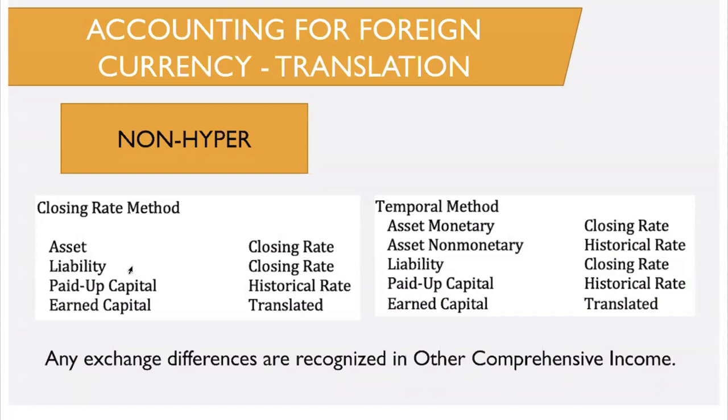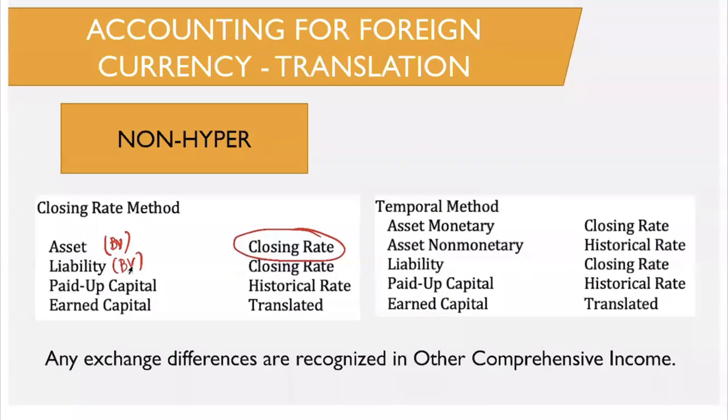Under the closing rate method, the assets, whatever the book value, you multiply by your closing rate. The closing rate is the rate at the date of your financial statements, or your reporting rate. Next, the book value of your liabilities is multiplied by the closing rate.